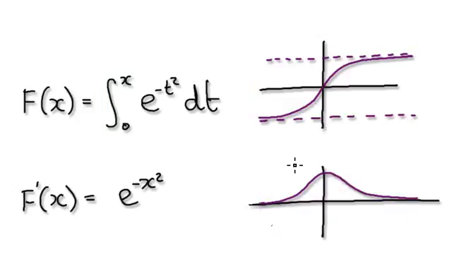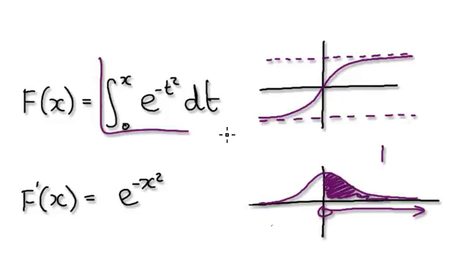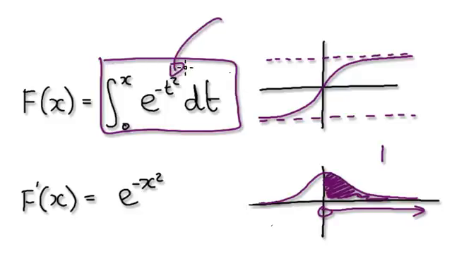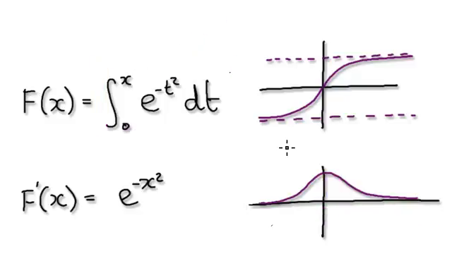But now we want to somehow create a new function where the whole area here, from 0 to as x tends to infinity, is a convenient 1, because when it's 1, it's very useful in statistics. So we now want to create a function where this whole area here is 1.